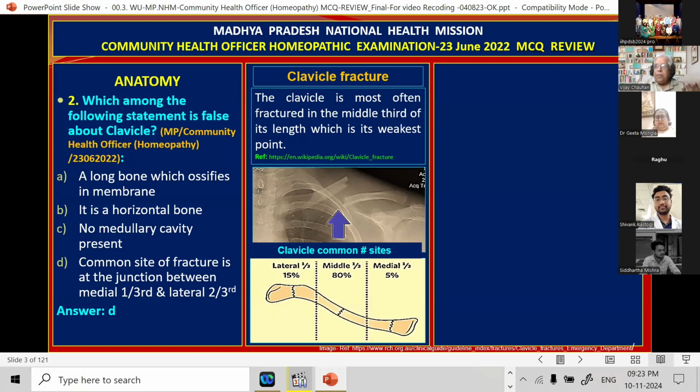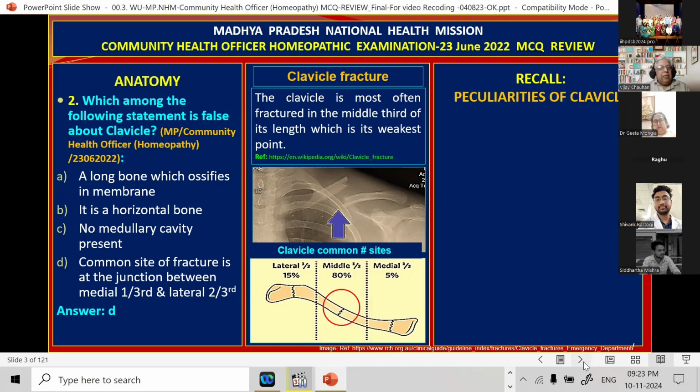If you see 100 cases in a busy hospital, about 15% will be lateral one third fractures. Middle one third fractures will be 80% of cases, and medial, towards the clavico-manubrial joint side, approximately 5%. That is the ratio we see in clinical practice for fracture of the clavicle.